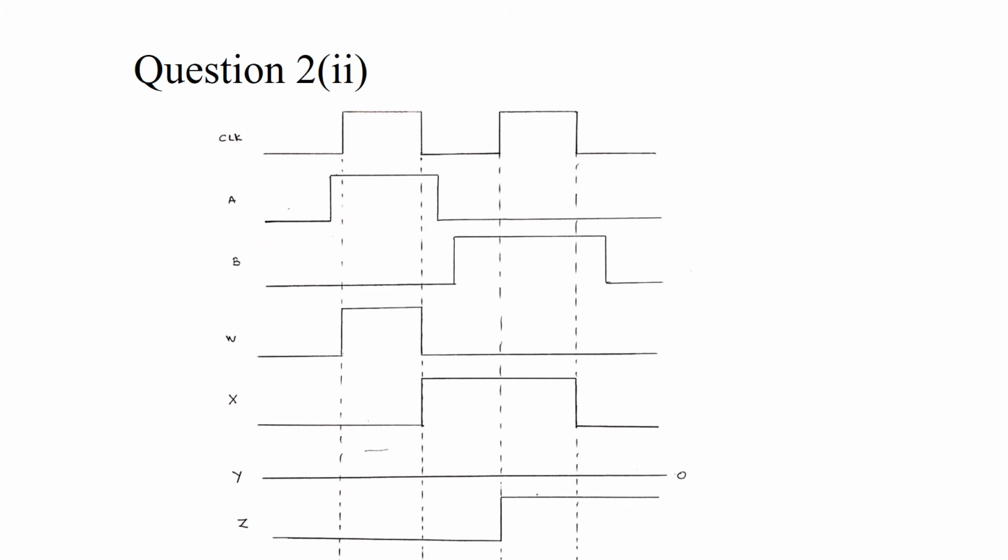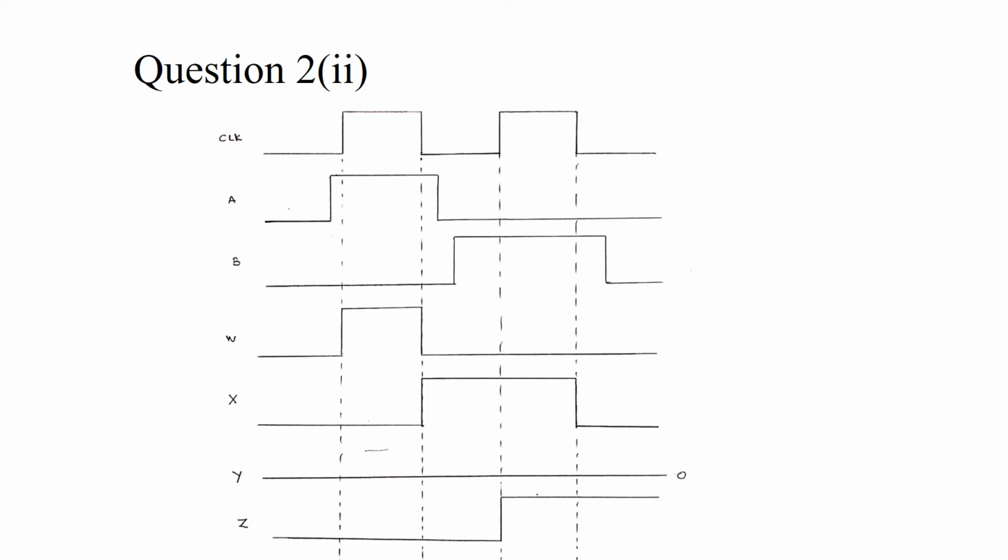Next, we go to the output waveform. In this question, we start our output waveform from 0. For the output W, we refer to the SR flip-flop table. The SR flip-flop uses positive edge triggering. The output from the SR flip-flop will enter the JK flip-flop.